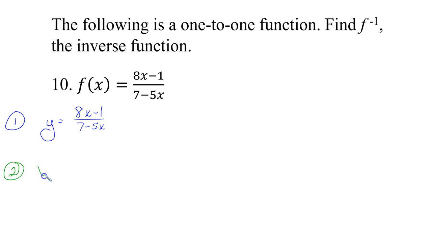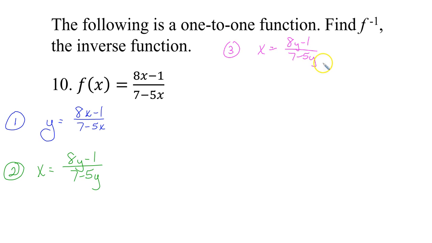Step number 2, I have x is equal to 8y minus 1 over 7 minus 5y. There's those 2 y's again. They're going to cause me problems. So coming over here for step number 3, x is equal to 8y minus 1 over 7 minus 5y. Hopefully you remember what I told you and wrote on the previous one.